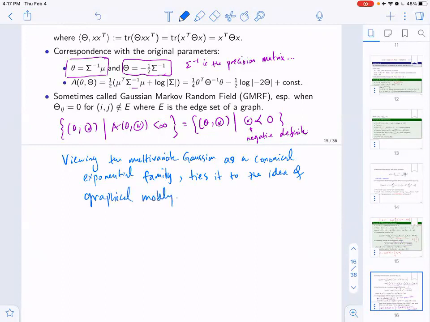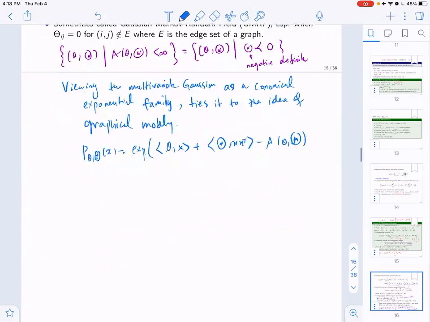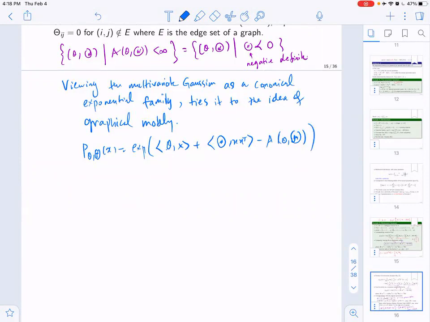So this form, we have p of theta and capital theta of x, minus A(theta, Theta), naught. This allows you to argue that, for example, if I represent the variables, I have x1, x2 up to xp.